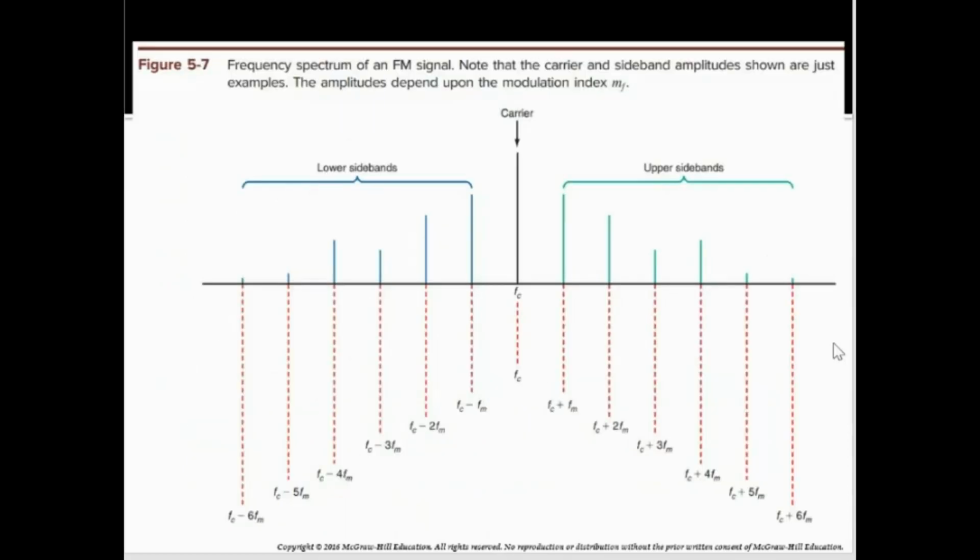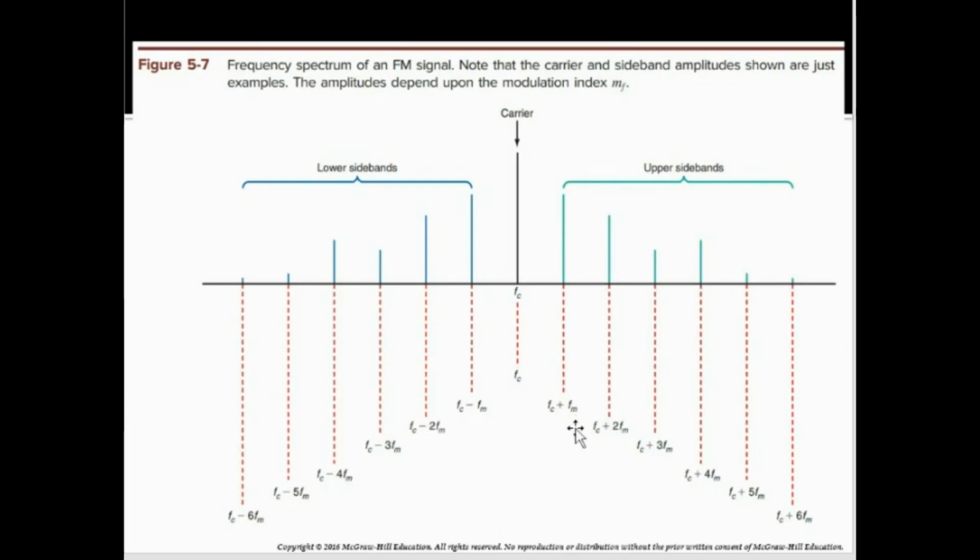So here is one example. You have a carrier at the center. Then you have your sidebands, upper sidebands and lower sidebands, for an FM modulated signal. You can see there are multiple of those sidebands.